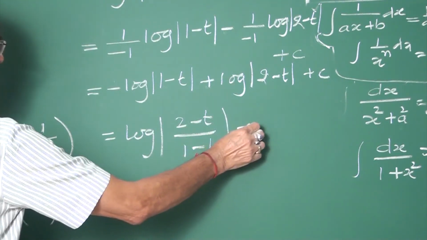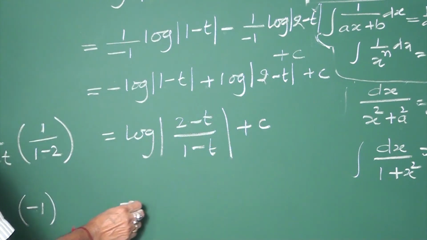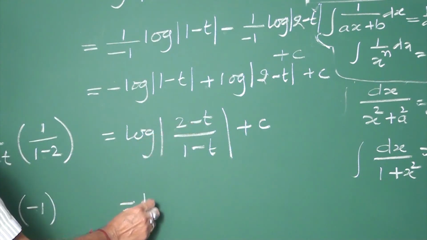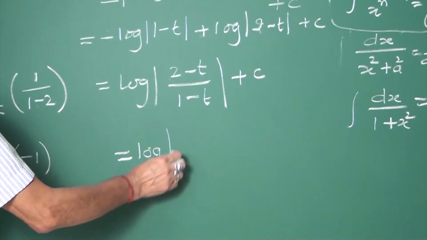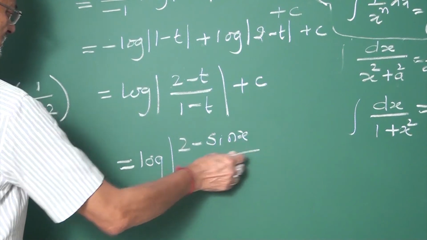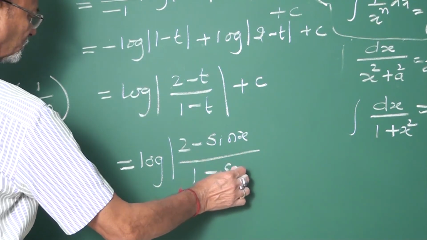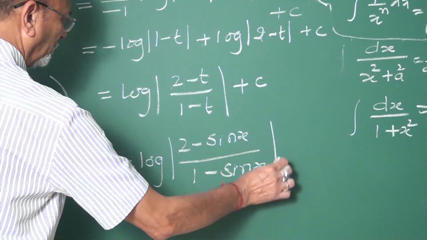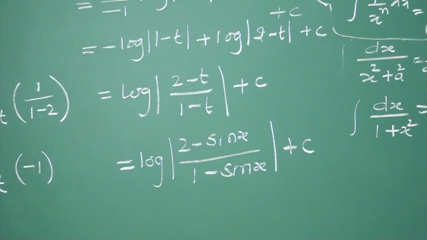Then directly put the value of t. What is t? sin x. So it is log of (2 minus sin x) upon (1 minus sin x) plus c.